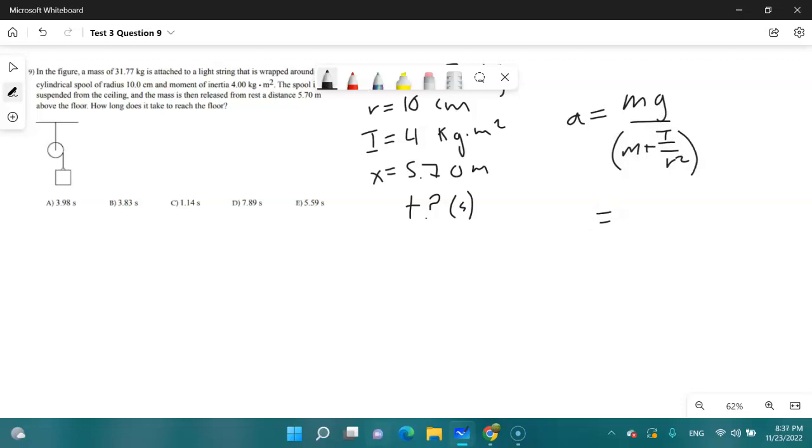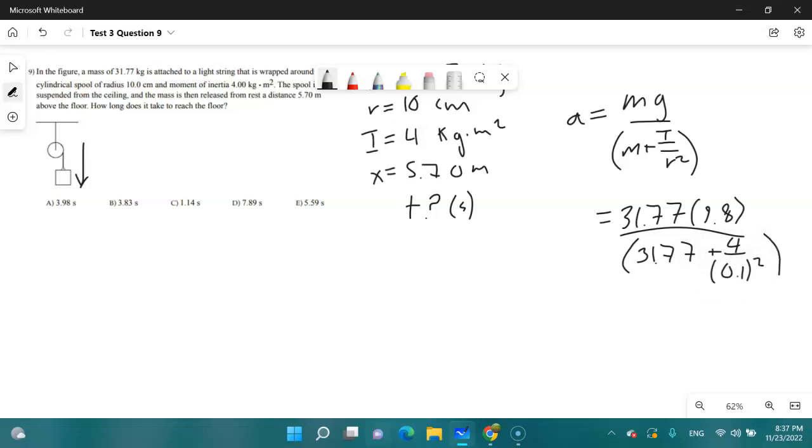Since we're trying to find the acceleration of the object that is let loose, the object with the 31.77 kilogram weight, we're going to plug in those values. 31.77 times the force of gravity, 9.8, over 31.77 again for the mass, plus the moment of inertia, which is 4, over our radius, 0.1 squared. And after plugging in all these values into the calculator, we get 0.72 meters per second squared. That's the acceleration of our system.